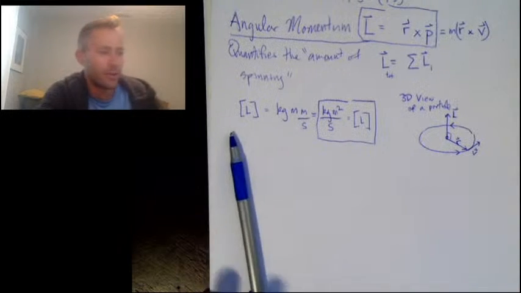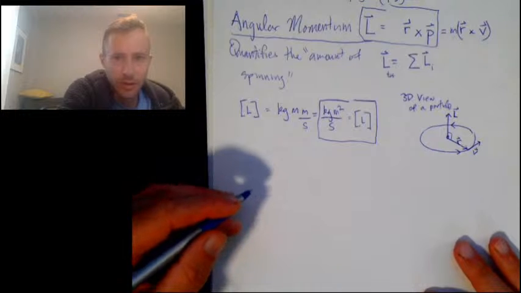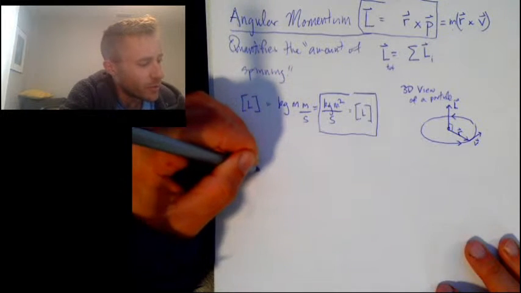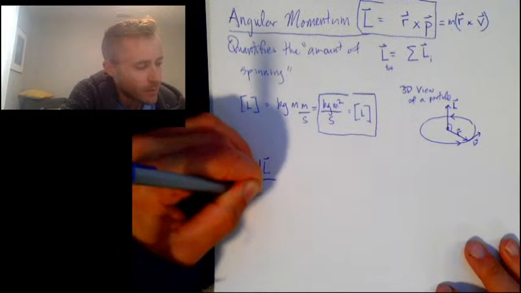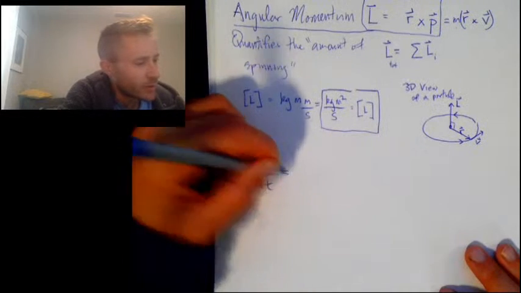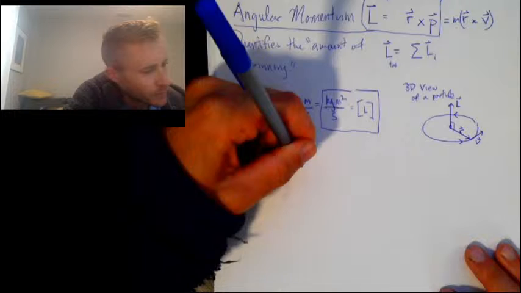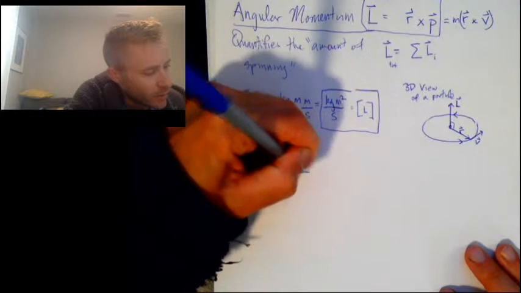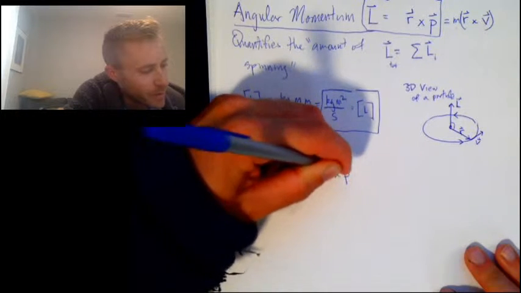So what I'm going to do is take the definition of angular momentum, and take the derivative of it with respect to time. So that's going to be the derivative with respect to time of r cross p.